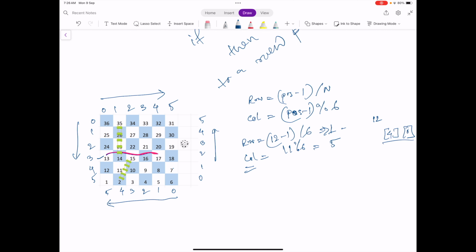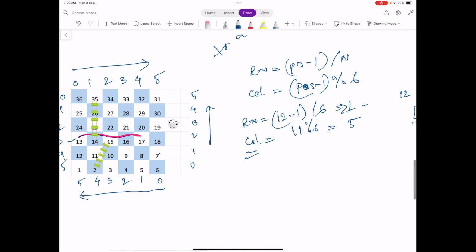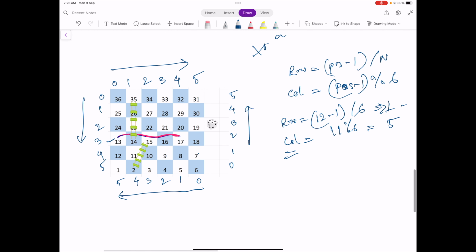So what we need to do is, if the row is odd, and you can see over here, this is an odd row, this is an odd row, this is an odd row. In the case of an odd row, it starts from right to left.